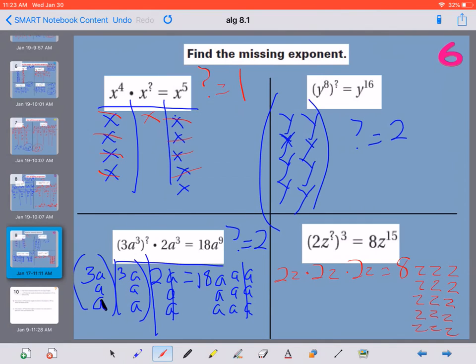So 2 times 2 times 2, that's 8. So we need to figure out what or how many groups. Well, we have 3 groups, so I could just take this group, and this group, and that's telling me that there's 5 z's in each. So our question mark has to be 5.